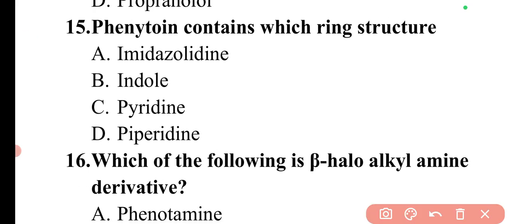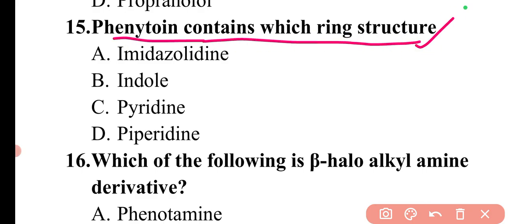Then the question is, phenytoin contains which ring structure? So phenytoin basically contains the imidazolidine ring structure. So here option A will be the correct answer. What is the imidazolidine structure? I have also shown you the structure. It is a 5-membered ring structure.